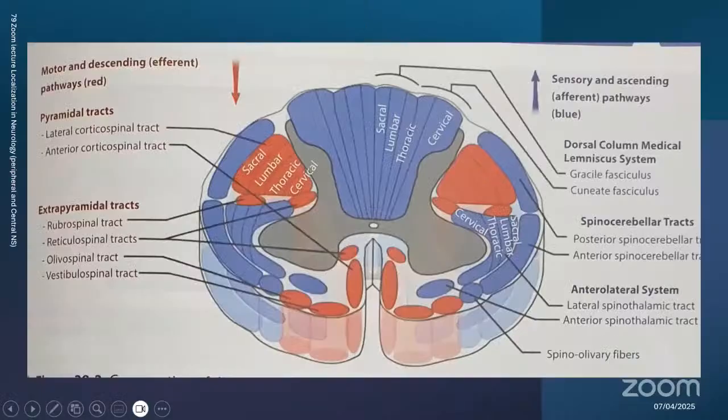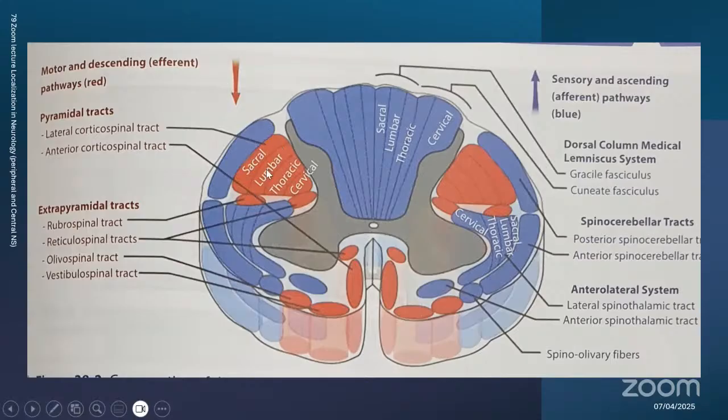Okay, now just have a brief overlook of all the tracts and their laminations, because tracts are formed and they're going to the brain. Initially they start with the sacral fibers, and subsequently lumbar fibers are added, thoracic fibers are added, cervical fibers are added, and all these fibers are slowly added. So CTLS, that's how it is called. Now you can see the efferent tracts or motor descending tracts are in red.